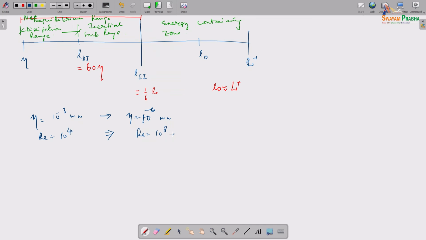If the Reynolds number increases, the size of the smallest eddy is decreasing.